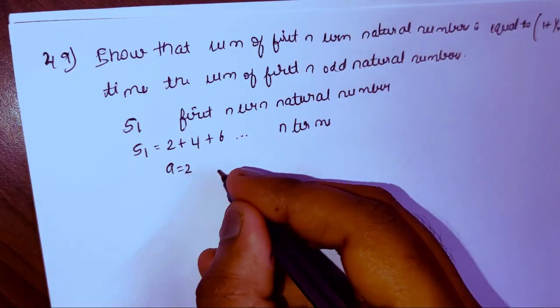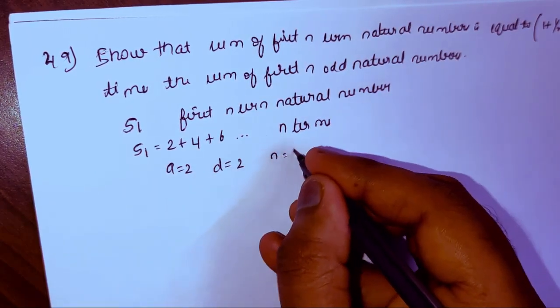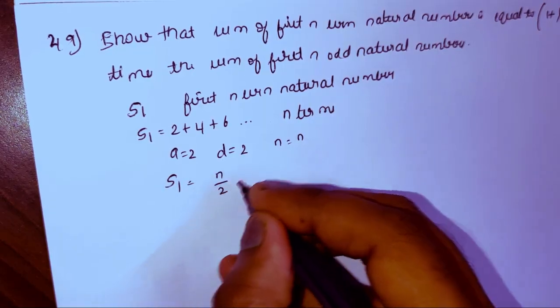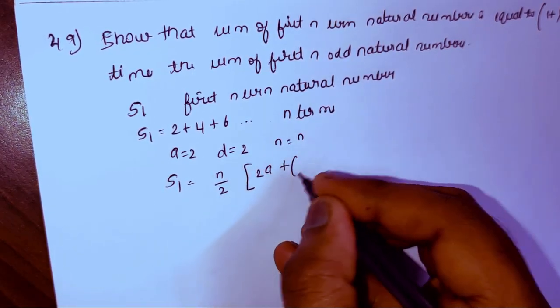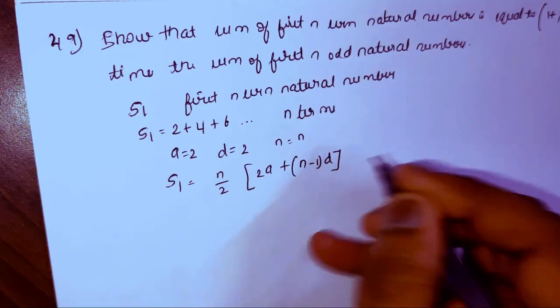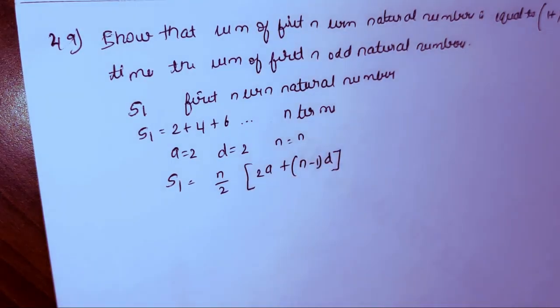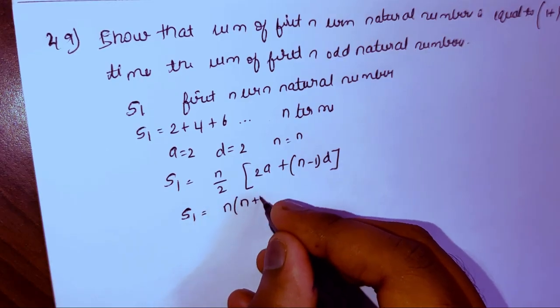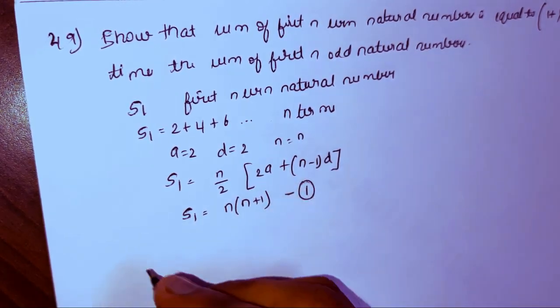Here a is 2, d is 2, n is n. So S1 is equal to n by 2 into 2a plus n minus 1 into d. Substitute the values, you will get S1 is equal to n into n plus 1. Consider it as the first equation.